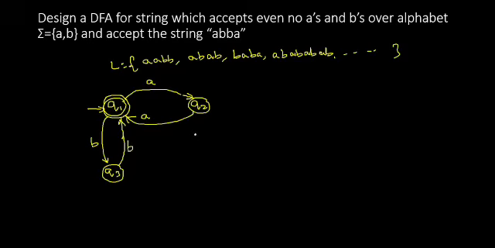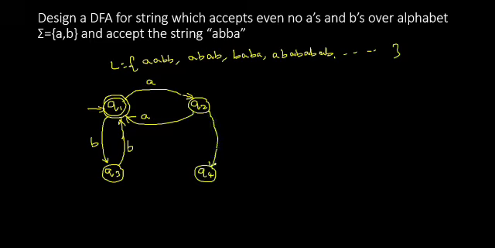When you closely observe, this accepts AA and BB. But if I give AB, there is no path for this. When I give the first A, it comes over here, but there is no path for B, isn't it? So I make Q4 here.